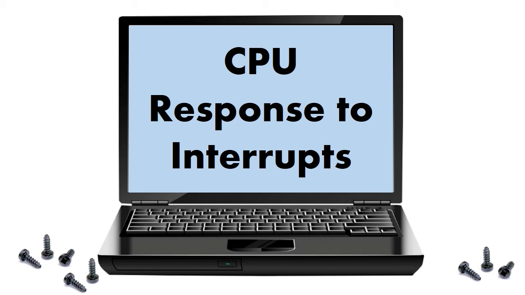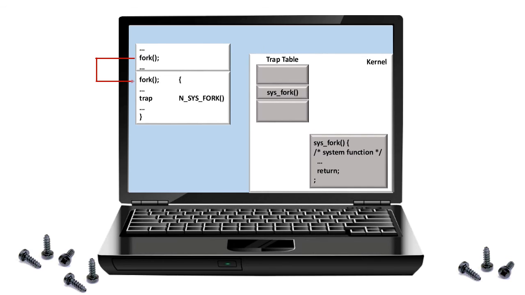CPU response to interrupts. The CPU performs the following actions in response to an interrupt. 1. Using the pointer to the current process control block, the state and all register values for the process are saved for use when the process is later restarted. 2. The CPU mode bit is switched to supervisory mode. 3.